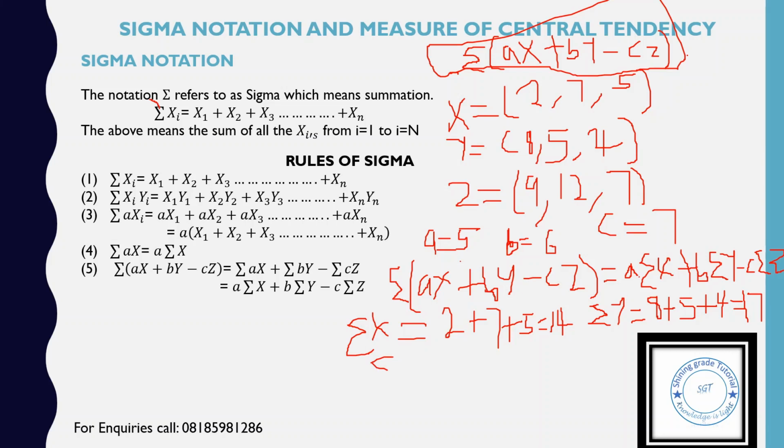And then summation z will give us 9 plus 12 plus 7. So that will give us 28.